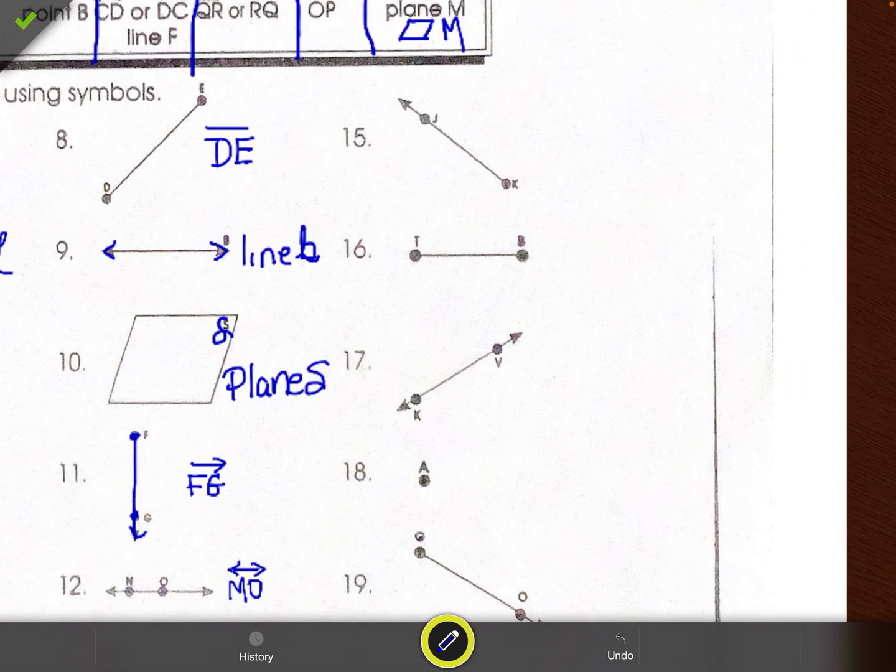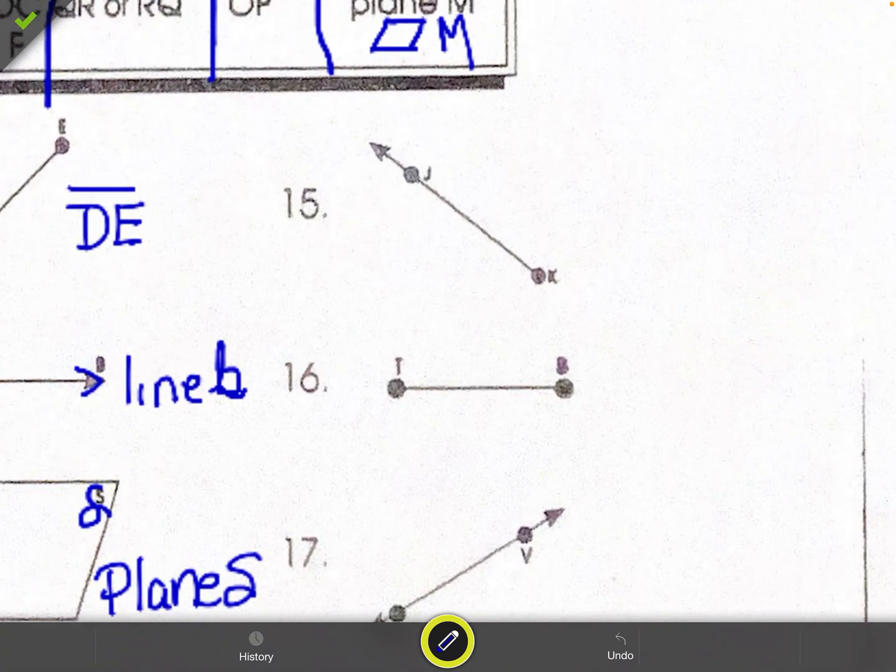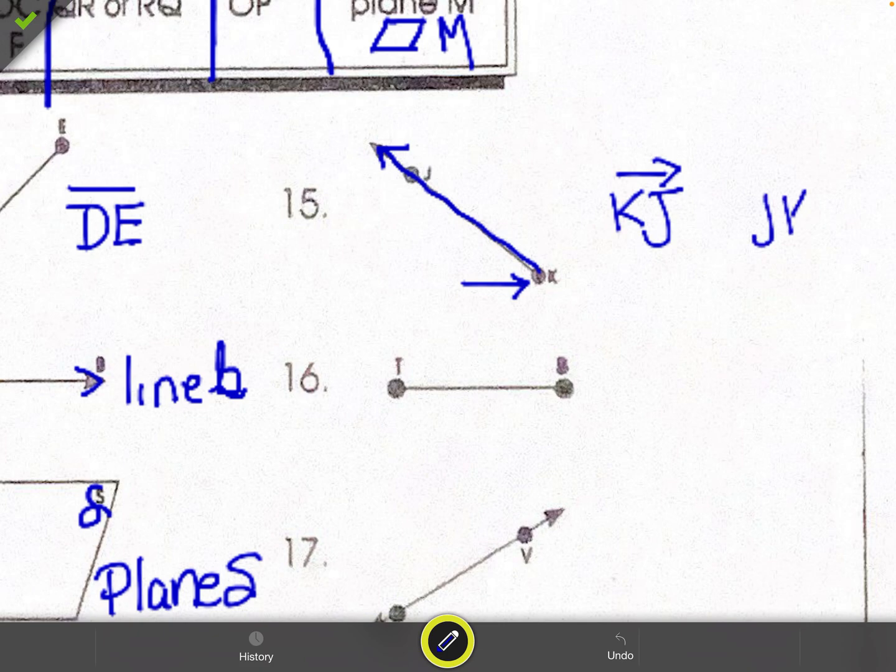Number 15, it starts, it keeps going through a point, and then it's going to continue on, so that is a ray, and we have to call it ray KJ. Again, always start at that point. We cannot call it JK.